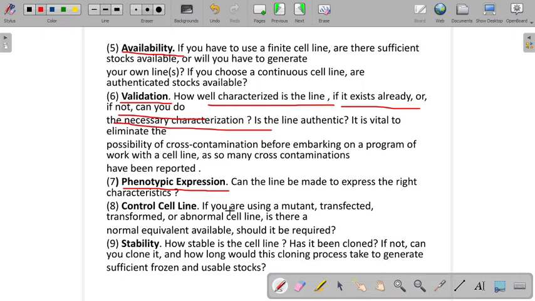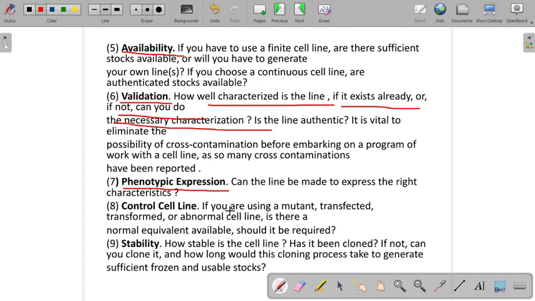Generally when these repositories provide some cell lines to you, they make sure that they give each and every detail of that cell line to the user. Why? Because the user is not going to work on that cell line again, because the user's experiment is completely different.